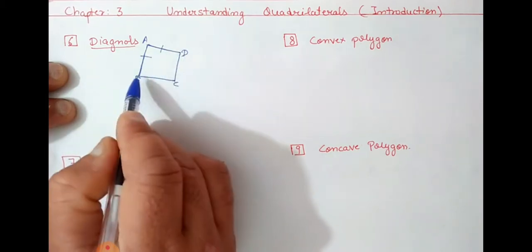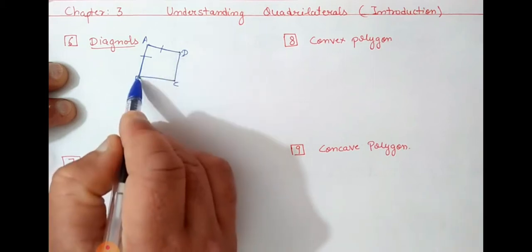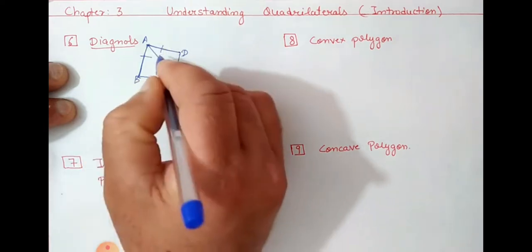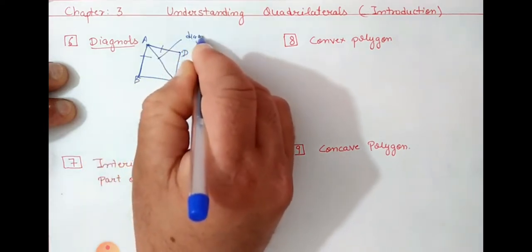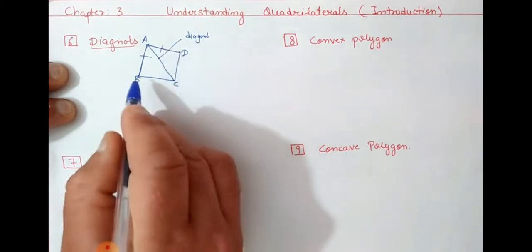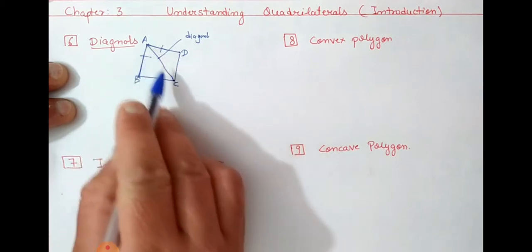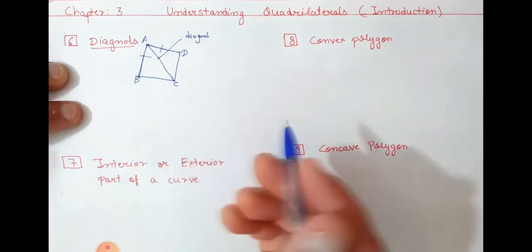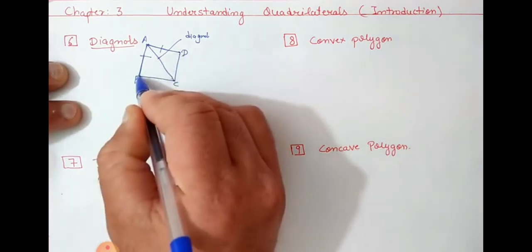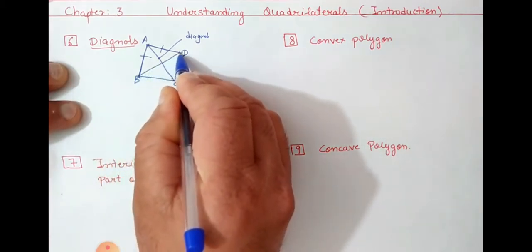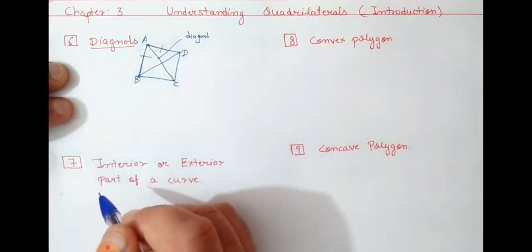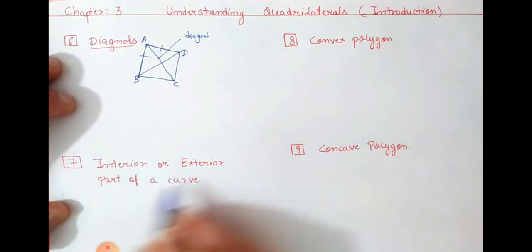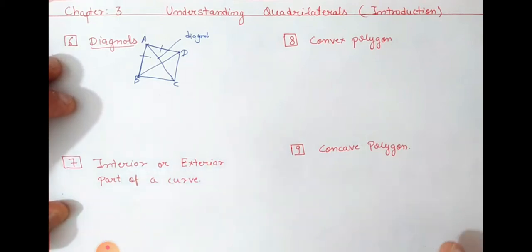Joining opposite vertices is called a diagonal. Non-consecutive vertices are the vertices which are not adjacent to each other. So this is A to C, one diagonal, and B to D, also one diagonal. In a quadrilateral, only 2 diagonals are possible.